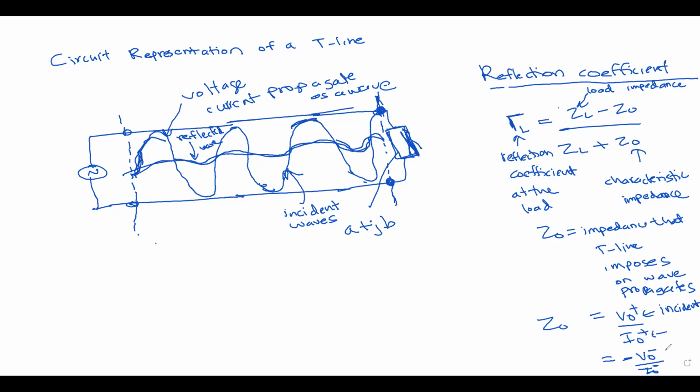Anyway, you need to take the ratio between the reflected wave's voltage amplitude and current amplitude. The minus sign is only denoting the direction of wave propagation, so you should not consider it as a minus sign of the current.